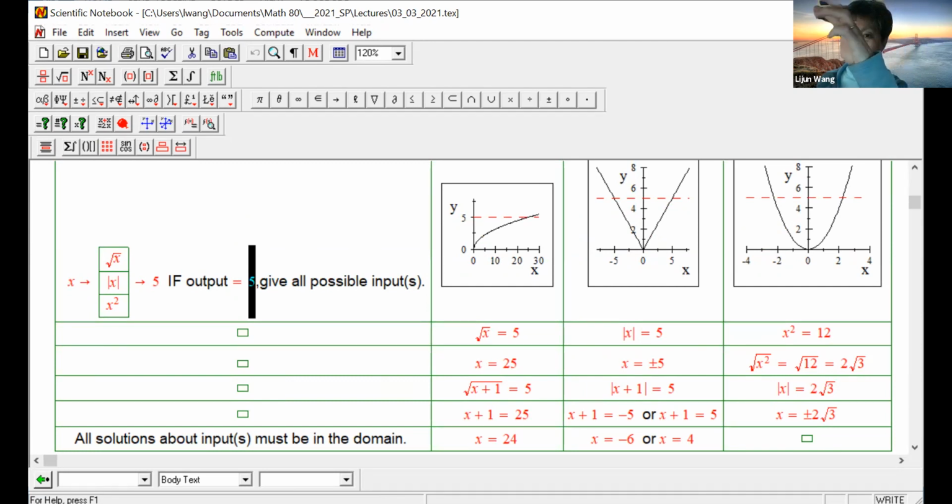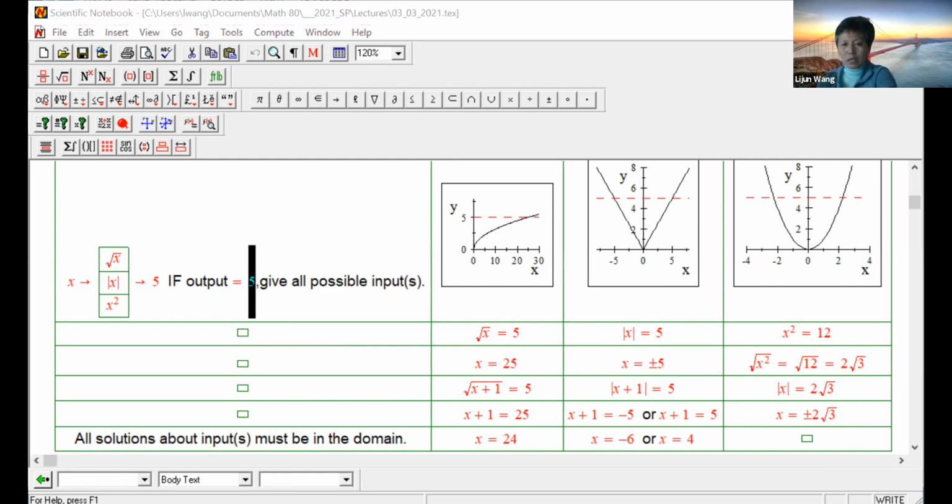Instead of picking up bits and pieces in different places, now you have everything together. A rule is a statement or if statement. It could be input given, could be output given. Input must be in the domain, output must be in the range. That's all.